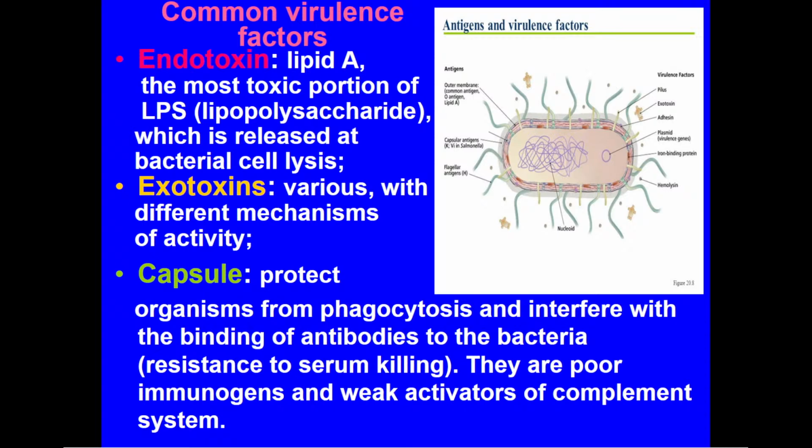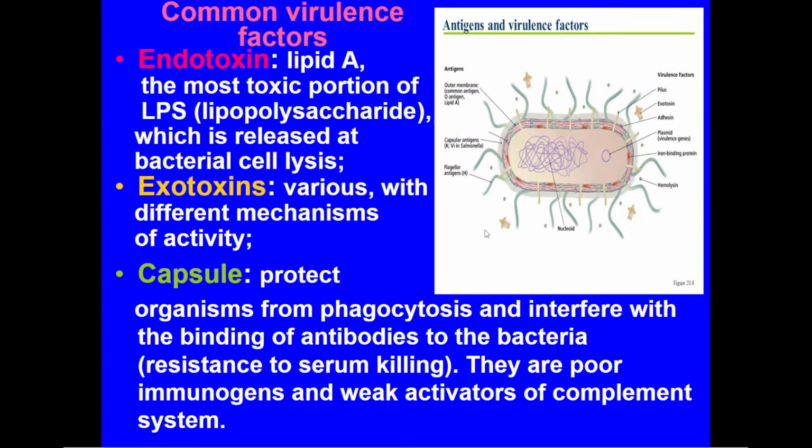But if bacteria keep changing the O antigens or H antigens, then it is important for virulence, because the antibodies produced against one type of O or K antigen will not recognize another O or K antigen. And this antigenic variability can be considered a virulence factor. But I would like to repeat, the O antigen itself is not a virulence factor.